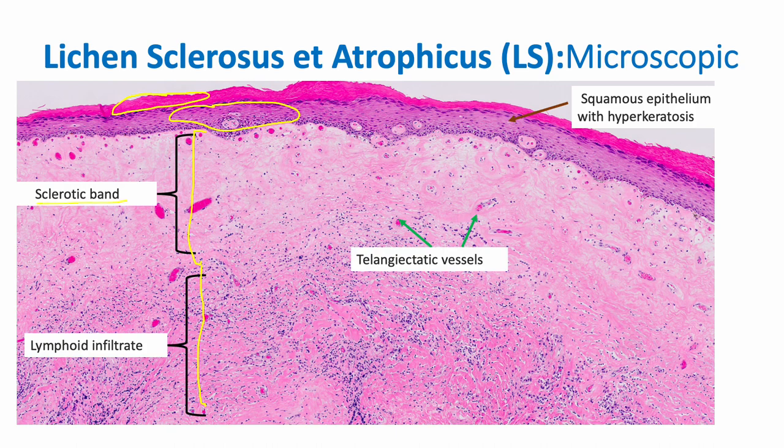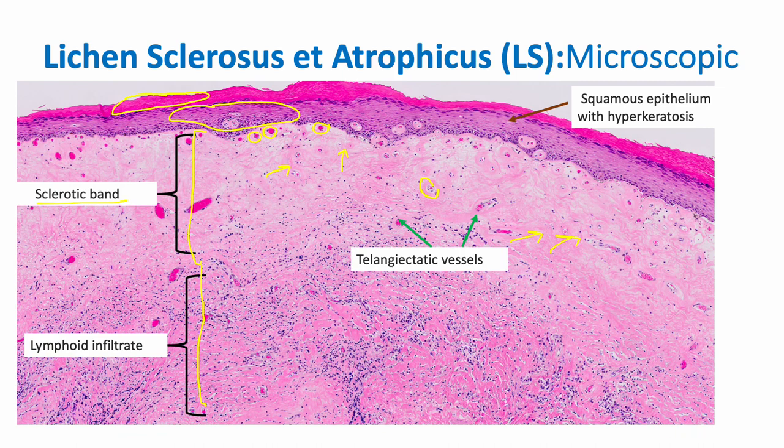Within the sclerotic band, we can appreciate scattered dilated capillaries here and there, and the pinkish collagenous deposition in this area. All those manifestations make up the histologic features of lichen sclerosus.